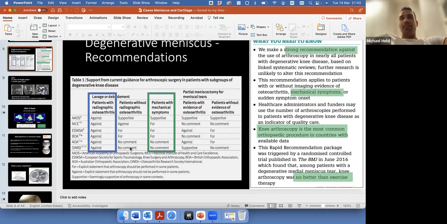And it turns out actually that, I guess, the broader you make these studies, the less you can actually prove that they make a big difference. You know, the same happened in the shoulder. Almost no shoulder surgery makes a huge difference in the outcomes if you make the studies big enough. So I think a good middle way would be to really give the patient the time to cope non-surgically, and then if they don't have arthritis, to say, I'm going to offer you this, but we have to manage our expectations together.